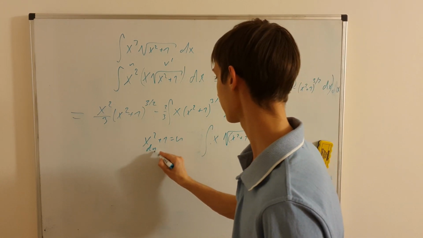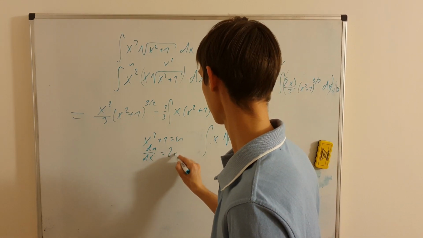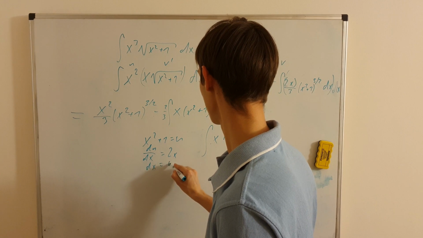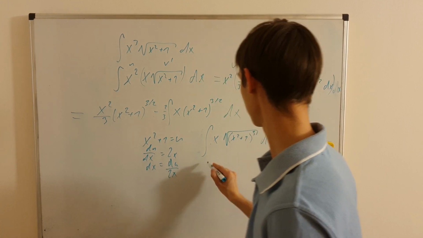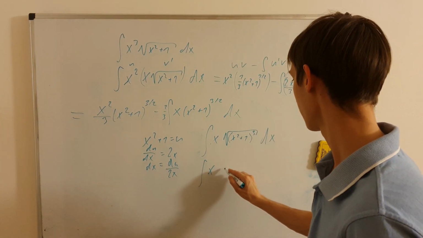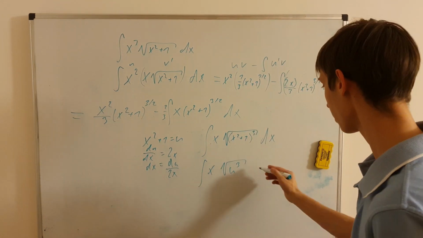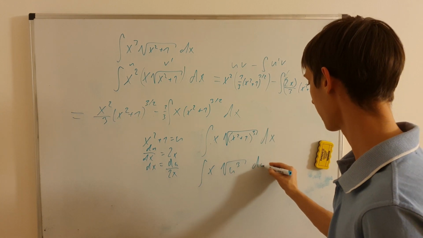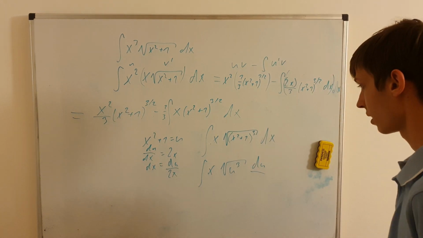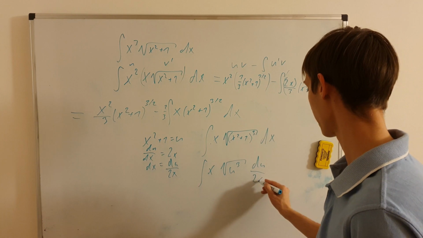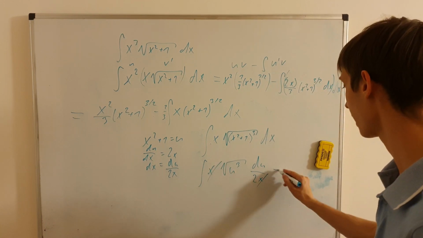So du dx will again be 2x, and dx will equal du over 2x. Therefore, from this I have x times square root of u to the 3. That simplifies things a lot. It will just be this simplified u with a fractional exponent over 2x here. Now these x's thankfully cancel out.